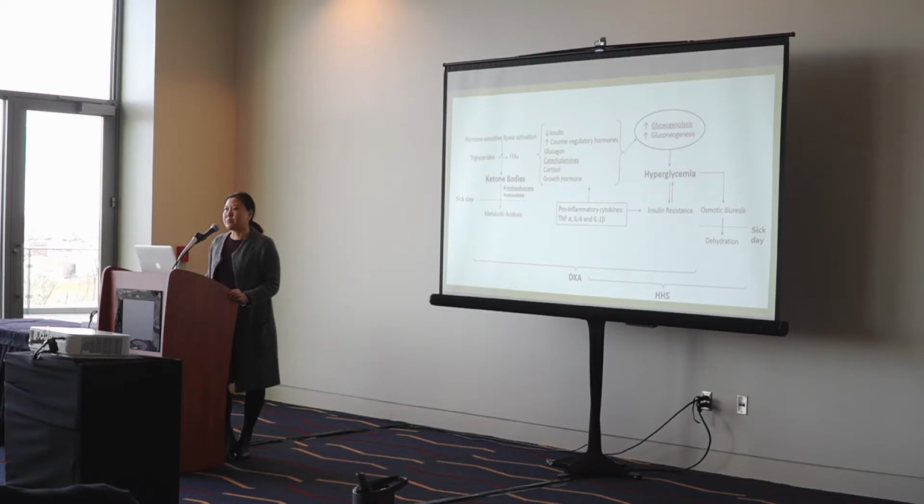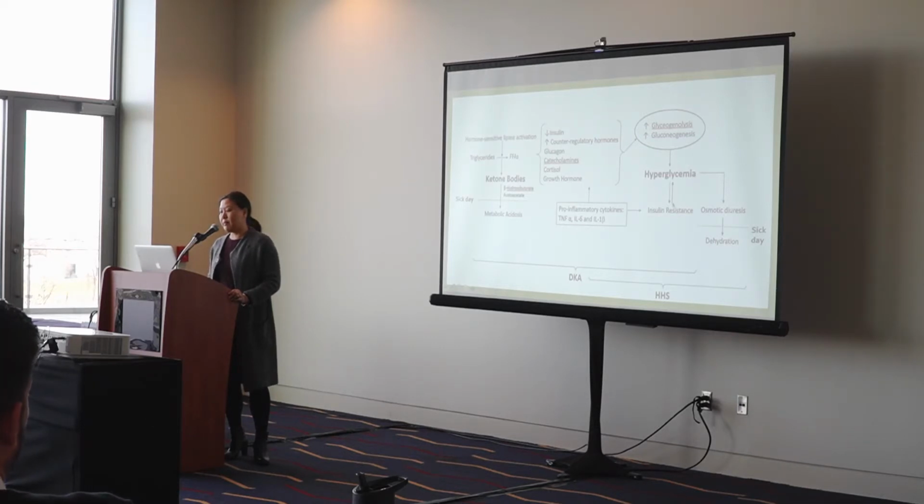In a patient with type 1 diabetes, or a type 2 who is on insulin, and becomes sick, what happens is that you have these cytokines develop that increase your counter-regulatory hormones to insulin. You then develop peripheral insulin resistance, and all of these things lead to hyperglycemia. So that is one arm of developing DKA.